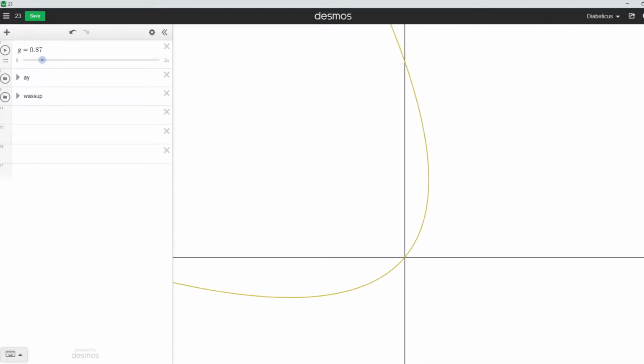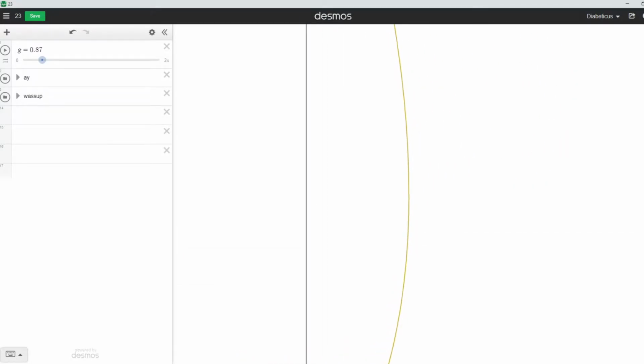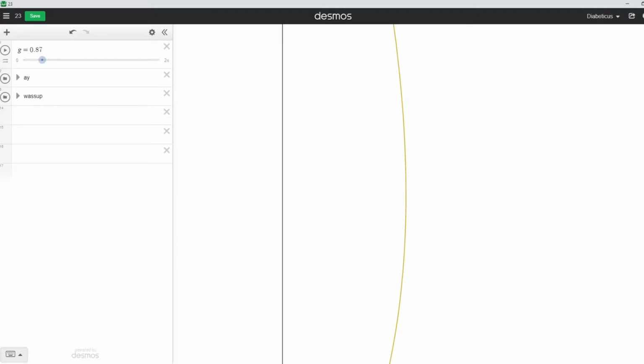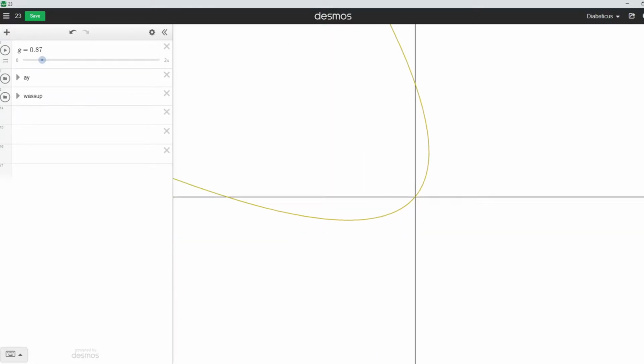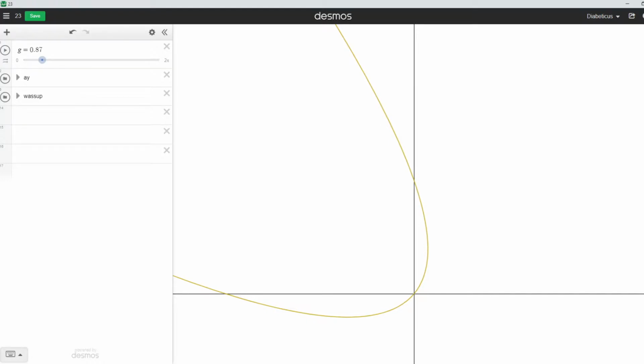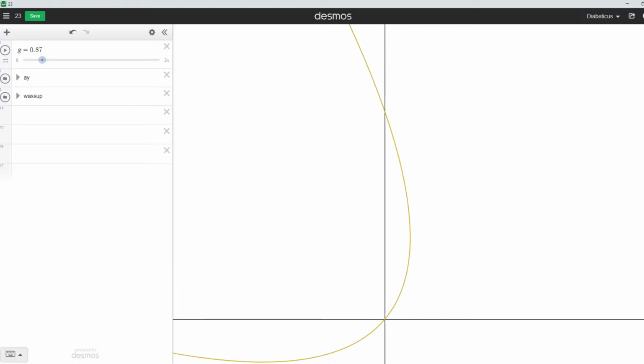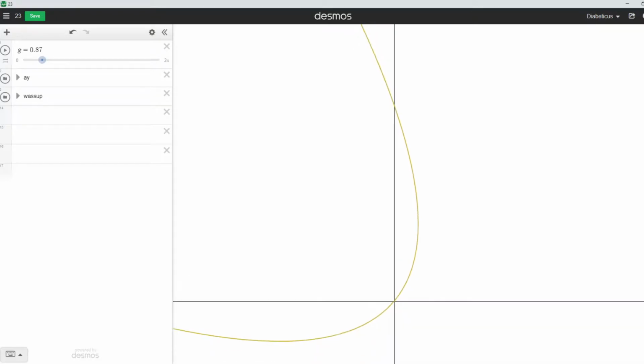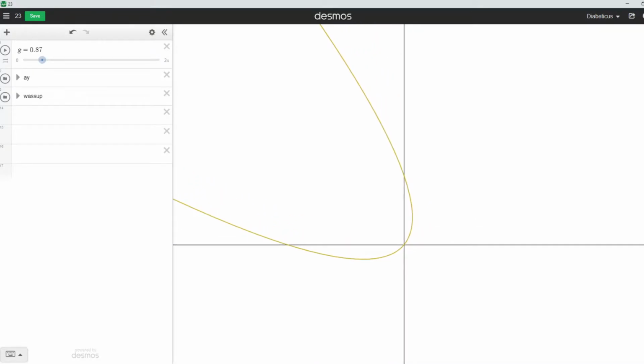And alternatively, in this part of the parabola, we have a sort of vertical slope. So I assume that the derivative is going to be undefined at that point, or maybe there's going to be a horizontal asymptote, like this, just touching this parabola here. And you know what? Let's confirm those assumptions and enable this derivative parameter.